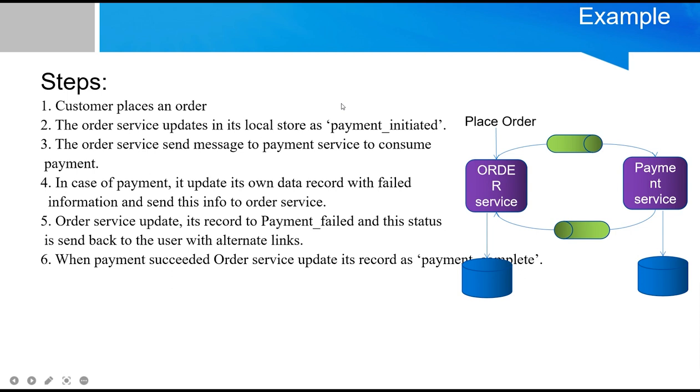But in this case we are performing the transaction on a module basis, and the overall system follows the BASE properties, meaning that after some time consistency will be achieved.